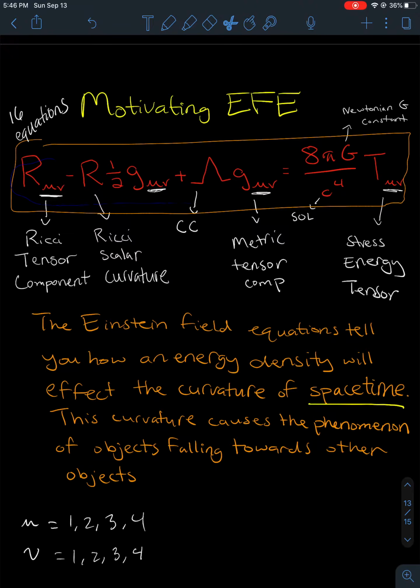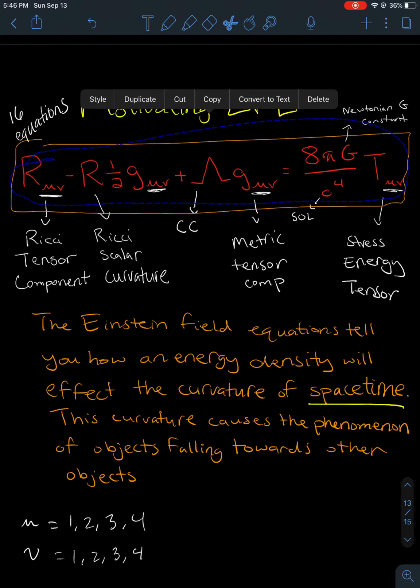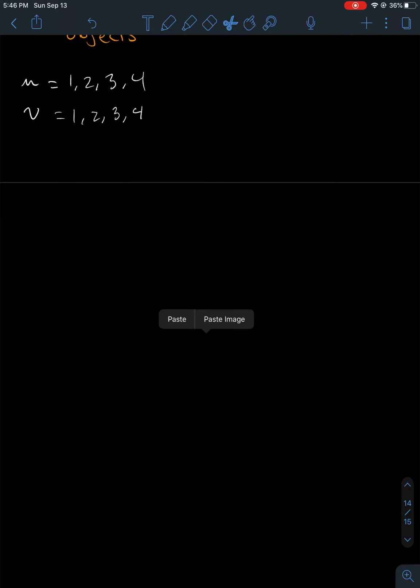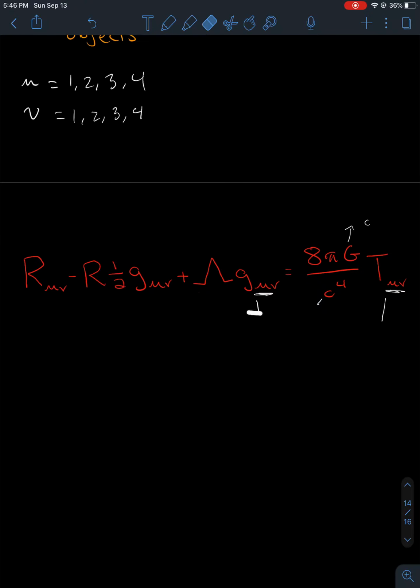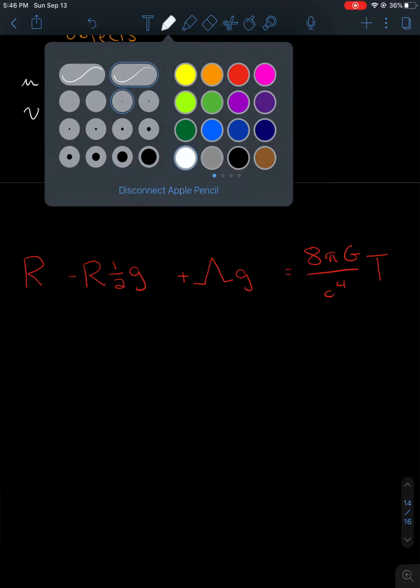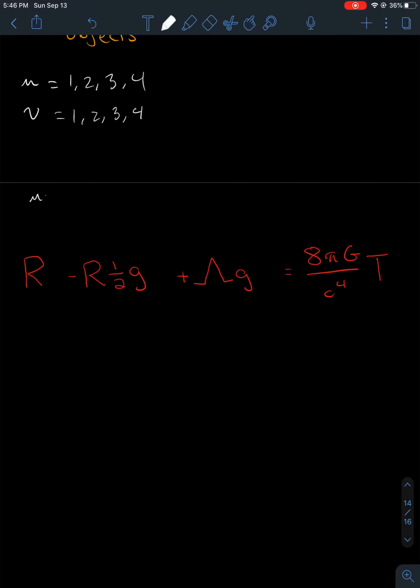And let me give you a better example of that. So I have a set where mu equals 1 and nu equals 1, which would look like this.